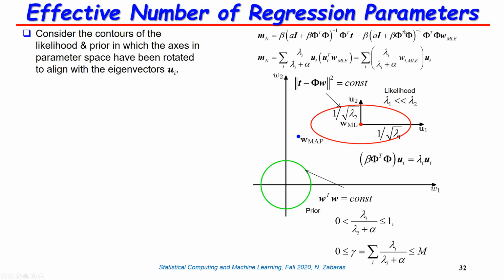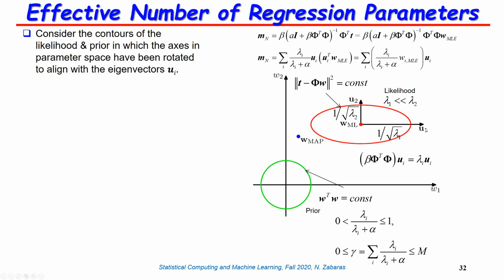Take the eigen expansion of phi transpose phi, plug it in here, and you will immediately get Mn given like this. I call this Wi MLE, and these are the coefficients of the projections of Mn in the direction Ui. Now let's look in the direction of U1.